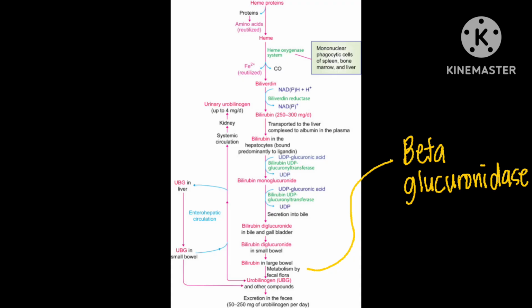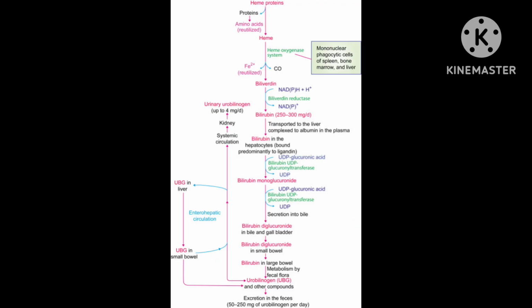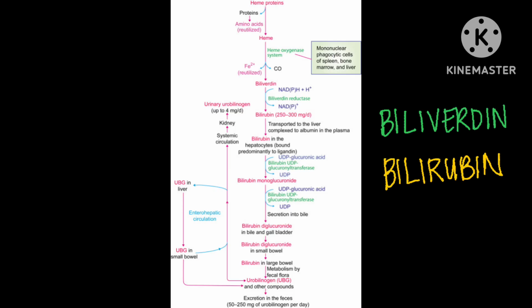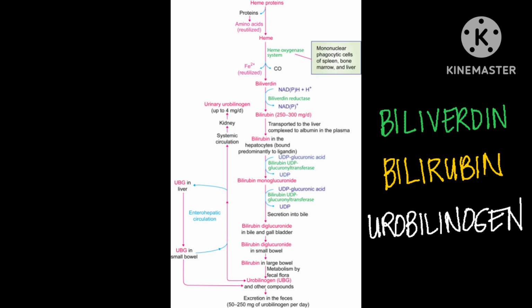This urobilinogen, class, is a colorless compound. So as a recap, biliverdin again is the green pigment. Bilirubin is the yellow-orange pigment, while the urobilinogen is the colorless compound.